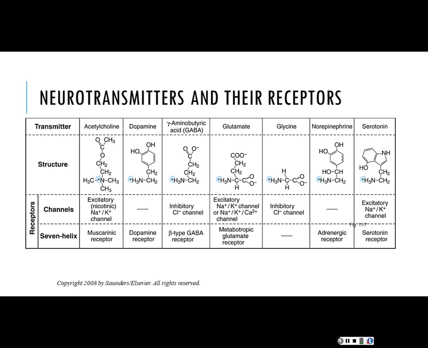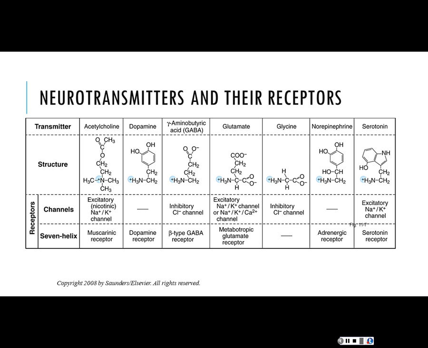And then the rest of the list are some common neurotransmitters. Where you see a big dashed line, that means that particular neurotransmitter doesn't have that class of receptors. So for example, dopamine only binds to receptors that what? Activate G protein. They don't have just a little channel. They've got to activate a second messenger. The reverse is true for glycine.